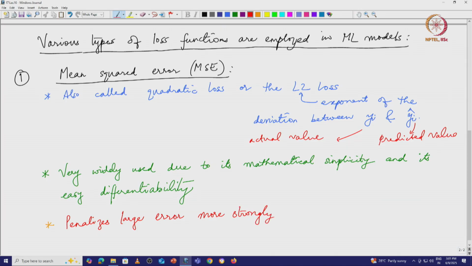That happens due to the exponent of 2 that we have used in the loss function. So, it penalizes larger errors more strongly, and thus is sensitive to the presence of outliers.